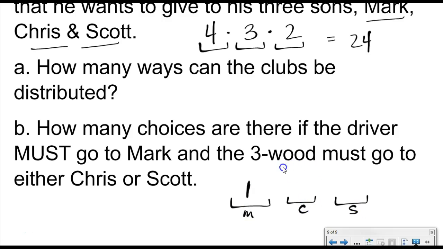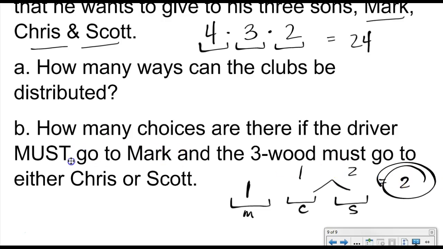And the 3 must go to either one of them. But that doesn't mean they can't have one of the other 2 clubs. So one of these guys is going to get the 3. The other guy has 2 clubs left that he will get. So 1 times 2, there are 2 ways.